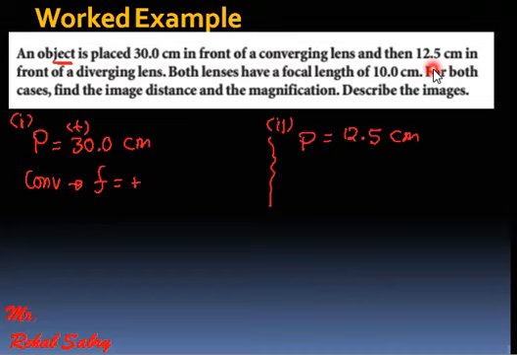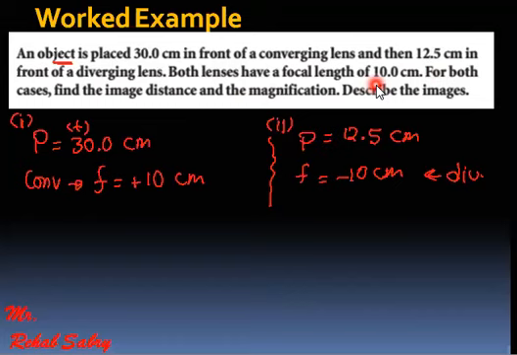It's all positive, okay? Both lenses have a focal length of 10 centimeters. So here F is positive 10 centimeters, and here, because it's diverging, F will be negative 10 centimeters.